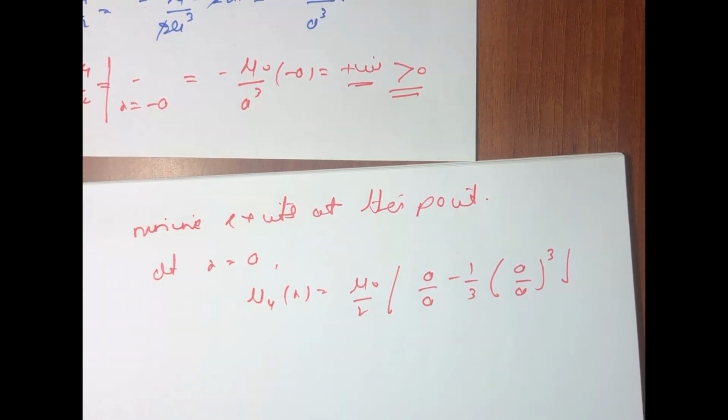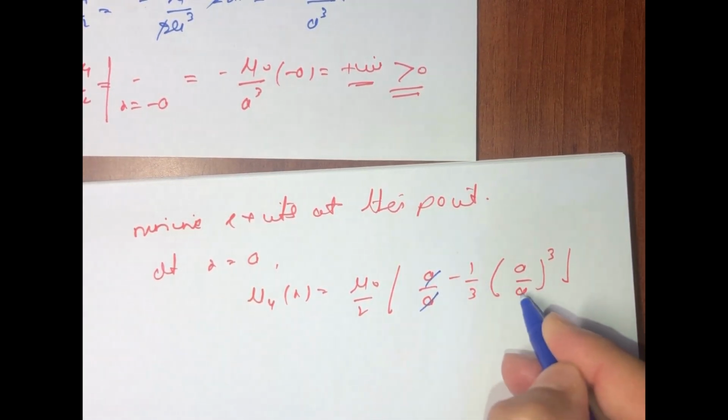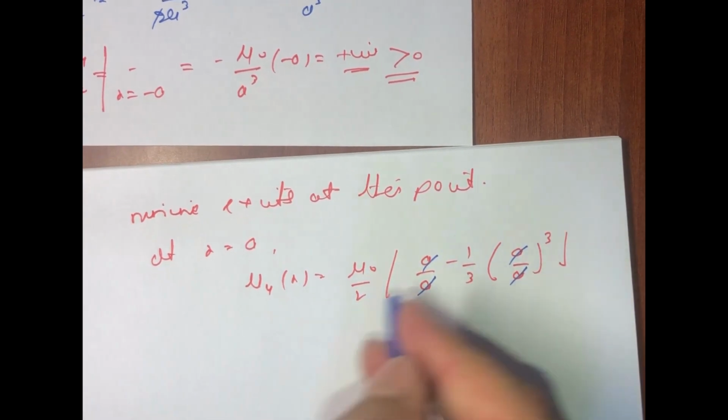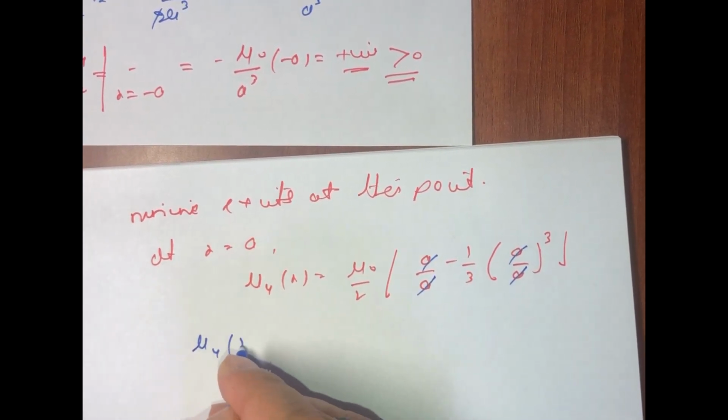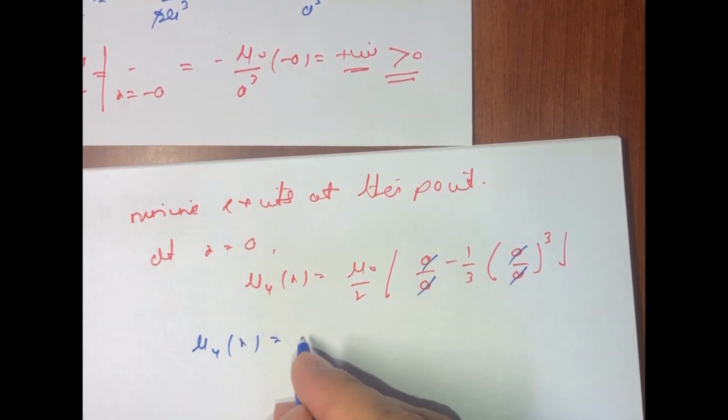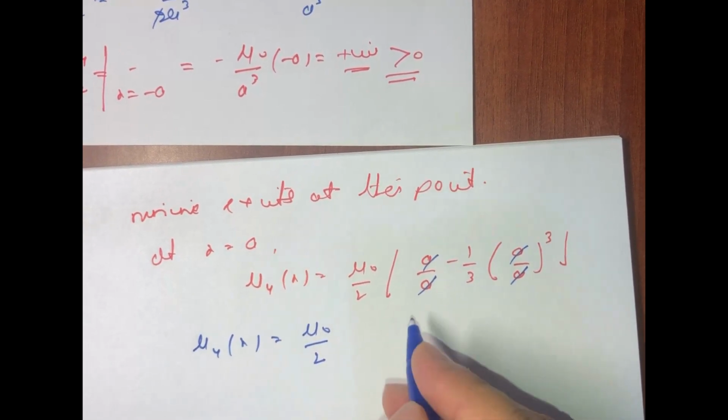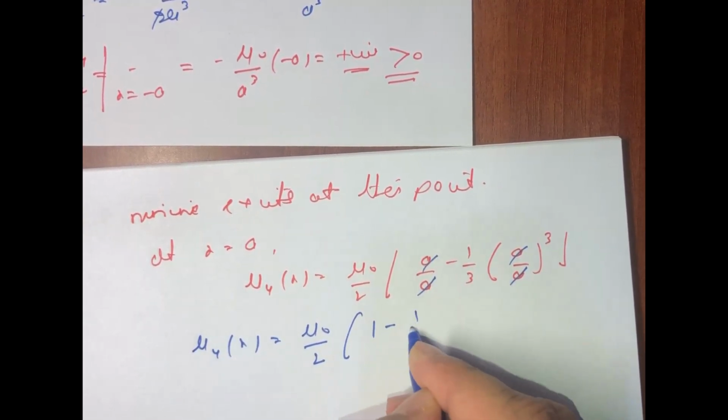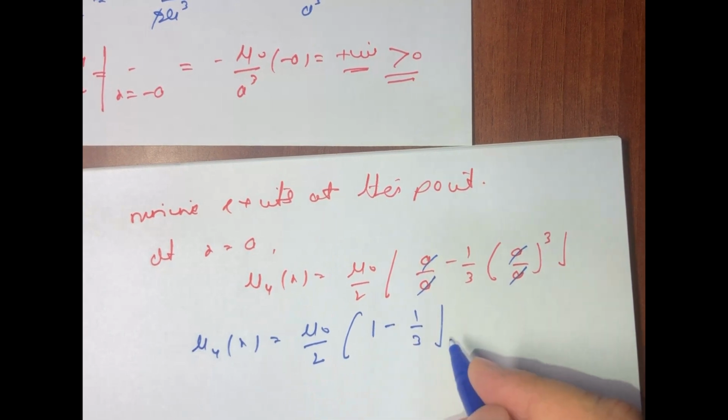A cancels out here, also it cancels out, so we get u4x is equal to u naught upon 2, we get 1 minus 1 by 3.